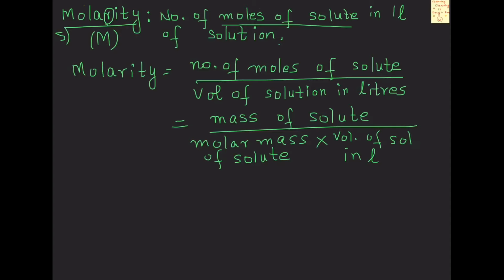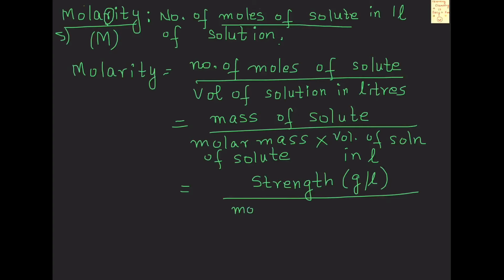Now, what is the third formula that you can write from it? Again, you know, mass divided by volume of solution in liters. What is it equal to? Very good. So, we have the third formula. If you are a formula fan, then you have the third formula in place, the strength expressed in gram per liter divided by the molar mass of what?